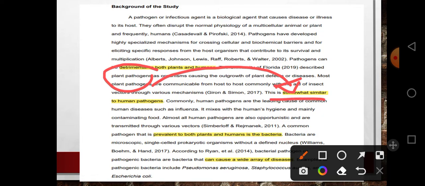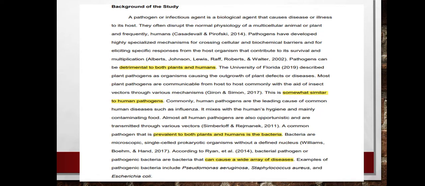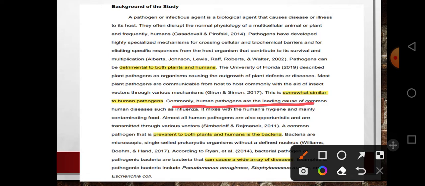This is somewhat similar to human pathogens. Okay, so this part, it signals the transition from the discussion of plant pathogens to the discussion of human pathogens. Then after this signaling part, human pathogens is then discussed. Okay? The discussion of human pathogens took place.